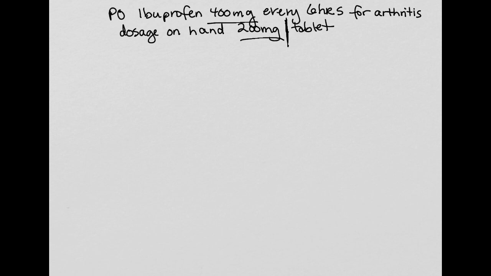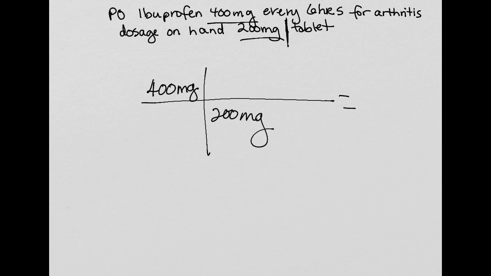But let's just say as we're learning the conversion tables, this is an easy one-step process, and all I really need is this. But I need to figure out where I'm going to put my stuff here. So 400 milligrams, remember that's your given quantity or what's ordered. So that's going to go here, and the dose on hand is 200 milligrams per tablet.